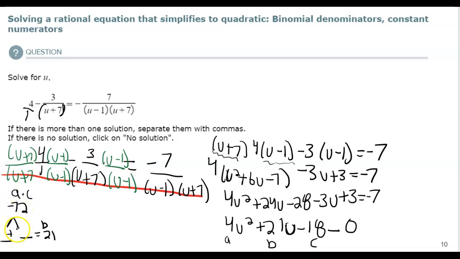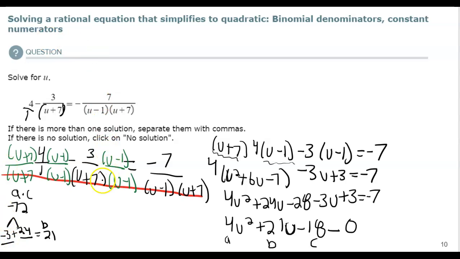So I have 24 and 3. That 3 needs to be the negative 3, so that way it adds to 21.